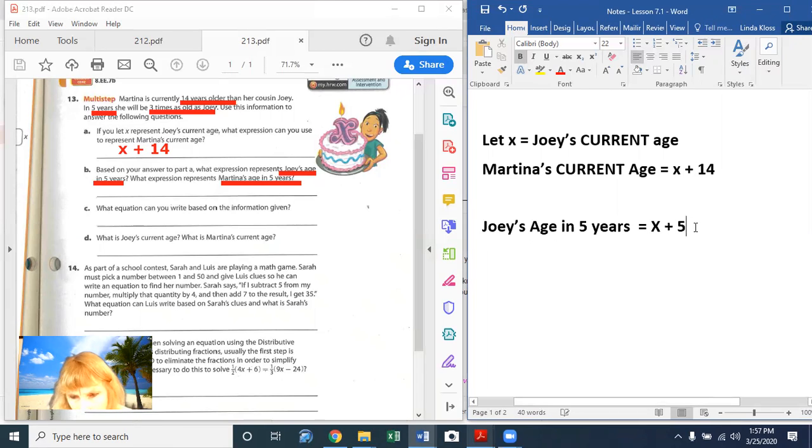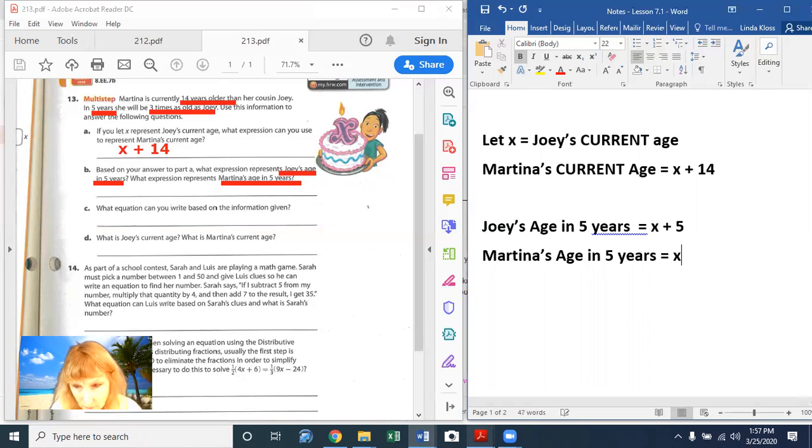Okay. And then we need to know Martina's age in 5 years. Martina's age in 5 years equals, well, what is her age currently? Go up here, X plus 14, right? Bring that down a little bit so you can see me better. Not that you want to, but Martina's age in 5 years then is going to be X plus, she's 14 years older than Joey.